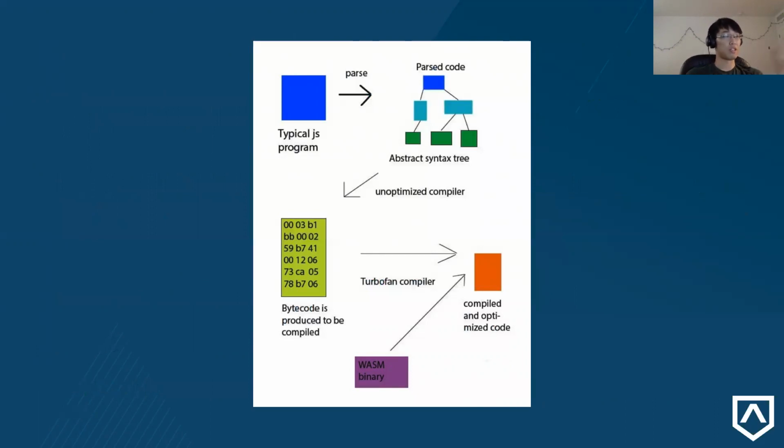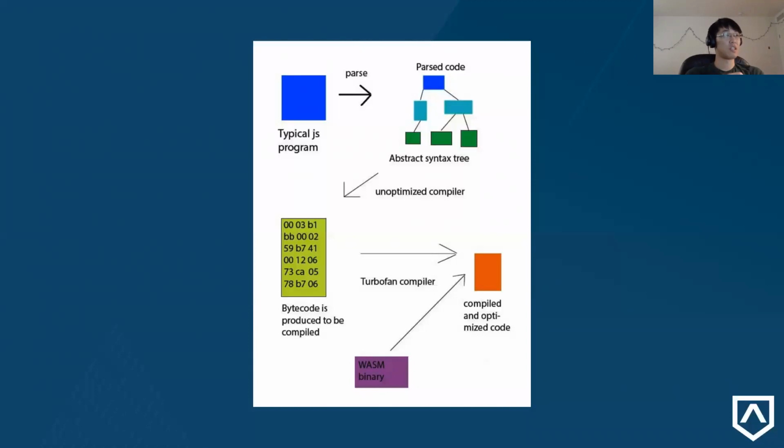Right. So again, in the top left, you have your JS program. It goes and gets parsed into an abstract syntax tree. This diagram says that the abstract syntax tree gets sent to an unoptimized compiler, which, sure, I can see that. We're calling that first initial pass the unoptimized compile step.